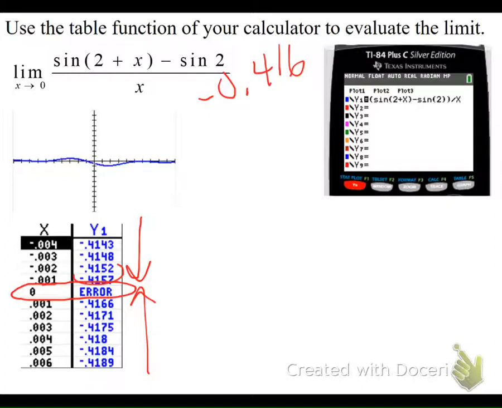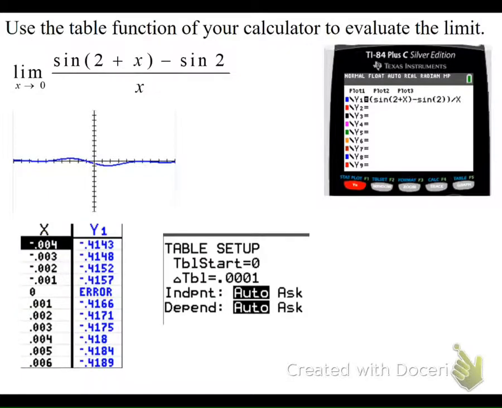Okay? To be even closer, I could count by even smaller increments. So let me show you how I did this on my calculator. When you go to table set, table set is the second button here above Window. So you have to hit second first. I start my table at 0 because I want to know the limit at 0.